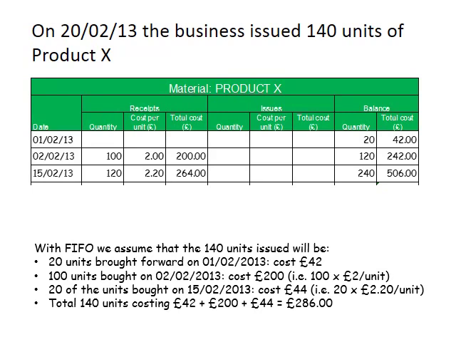Now that was purchased at a cost of £2.20 each. So overall we will use £44 of our stock that was purchased on the 15th of February. So the total of this 140 units will be £286.